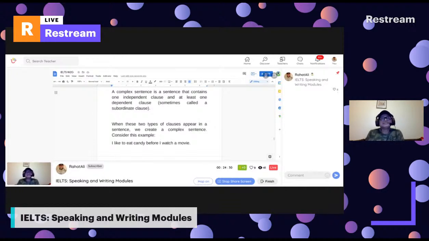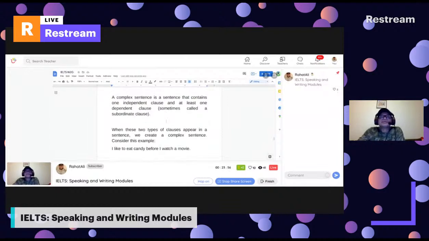If we analyze this sentence, you can see that watch a movie is depending on the sentence I like to eat candy. So here you can see that before is the part that has joined both of the clauses, where I like to eat candy is complete, and I watch a movie is depending.